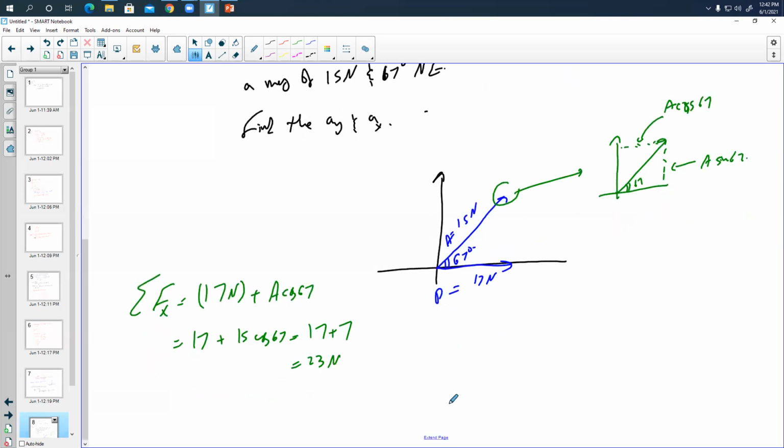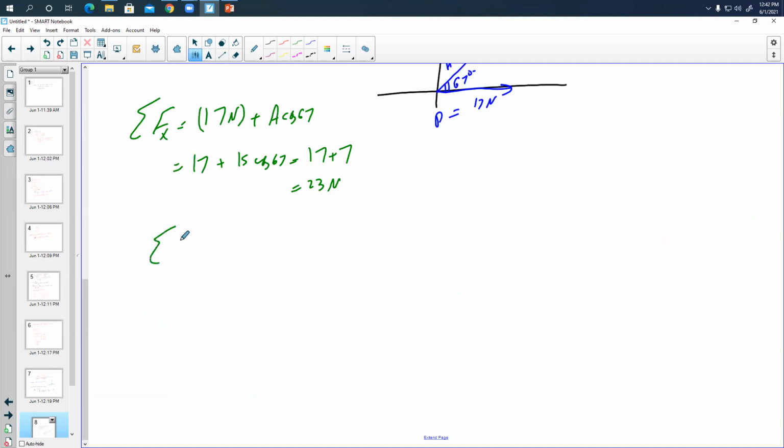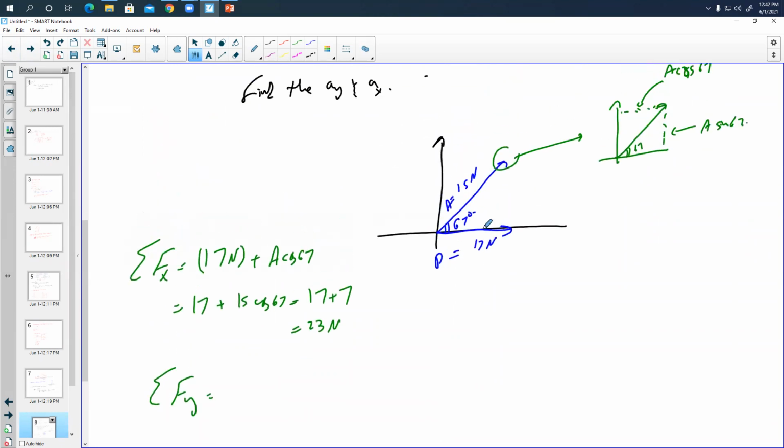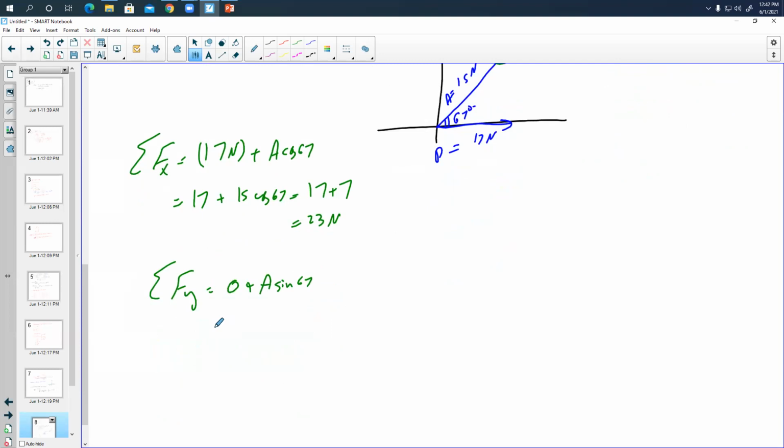Now, your forces in the y direction, for the paddling P, you're only going to have x, you're not going to have y. So really it's 0 plus your A sine 67, which equals 15 sine 67. So this is going to equal 14 newtons.